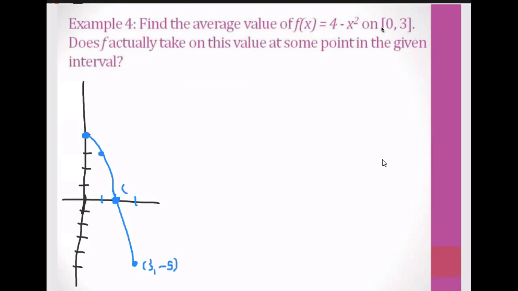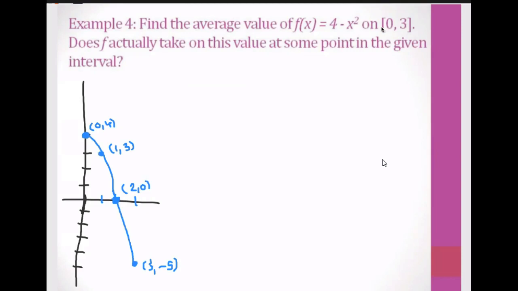It has the point 2, 0, and it has the point 1, 3, as well as the point 0, 4. So again, you can almost see all your perfect squares in there, but being shifted up 4. So it'd be like negative 9 plus 4, negative 4 plus 4, and so on and so forth.